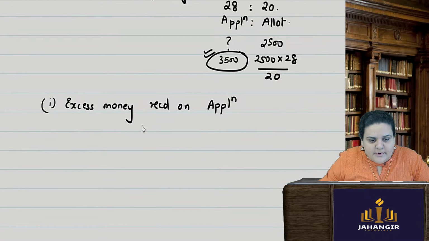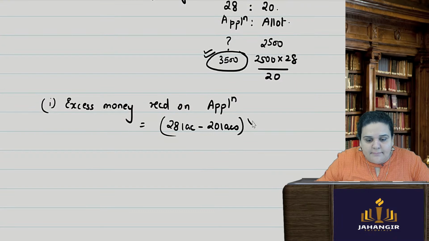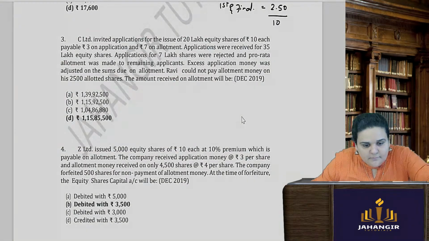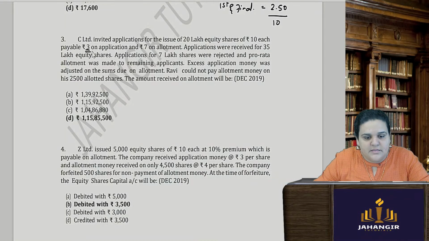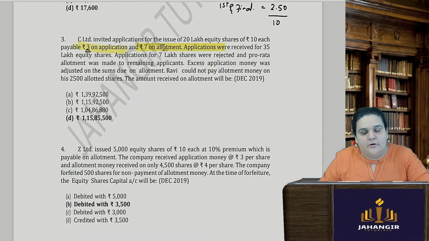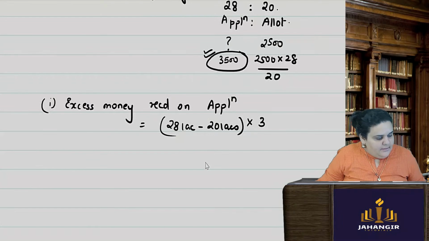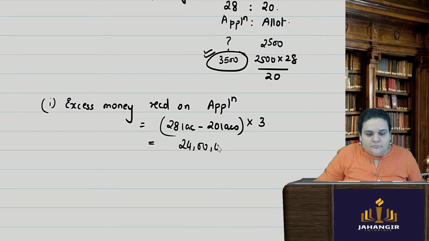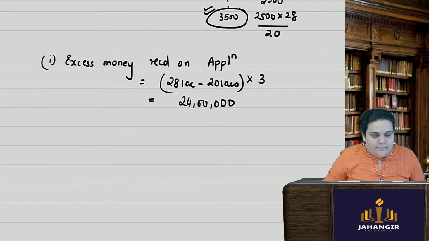So excess money received on the application will be 28 lakhs shares minus 20 lakhs. On the extra 8 lakh shares, I am taking application money of rupees 3. It's given to me over here: 3 rupees on application and 7 rupees on allotment. So I am taking excess of 24 lakhs rupees. This money has to be adjusted at the time of allotment.